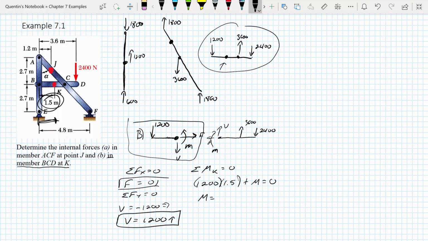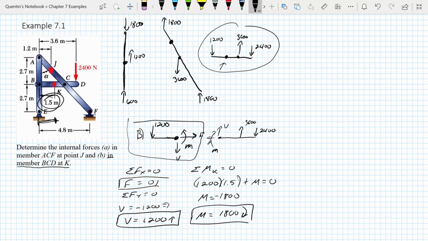Therefore my moment is equal to 1200 times 1.5, which is equal to 1800. It's a negative 1800, or my moment is equal to 1800 in the opposite direction.